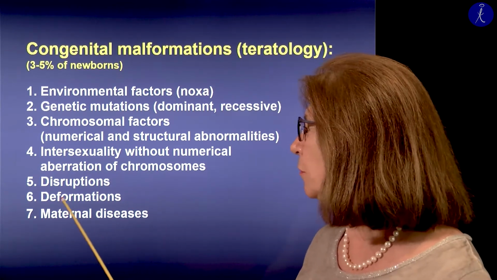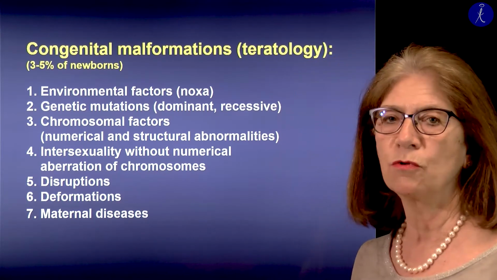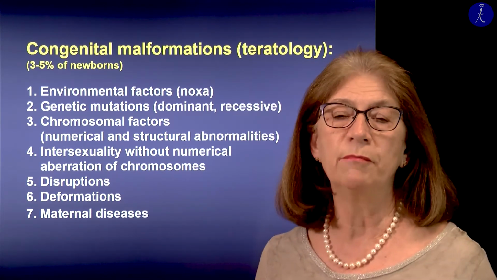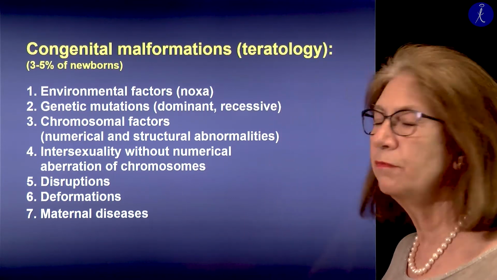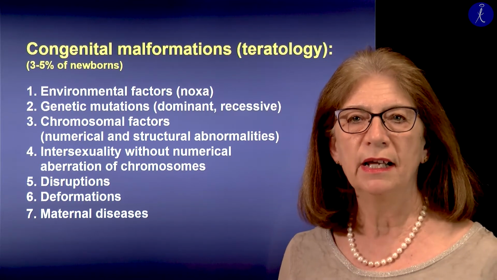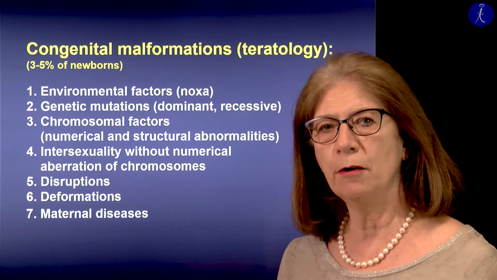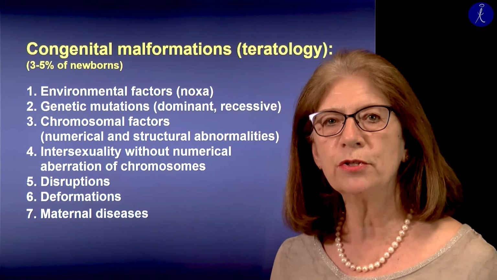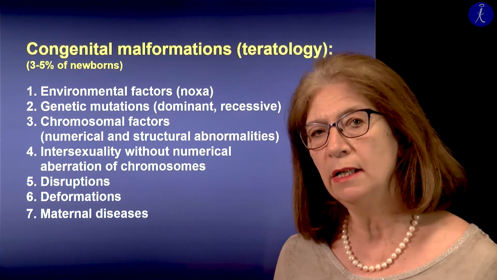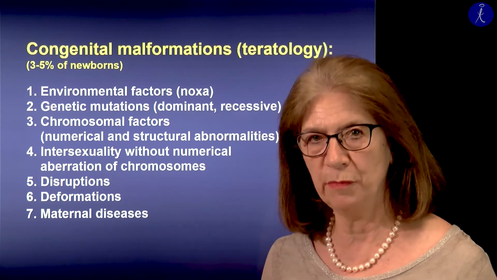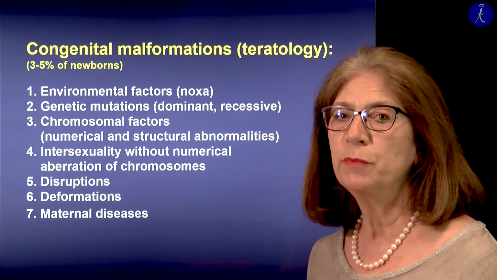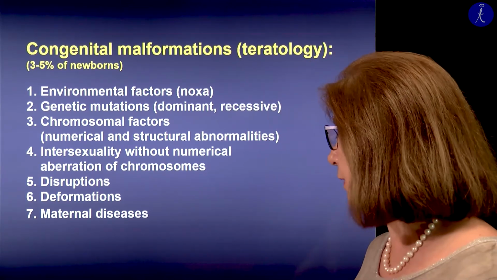And some maternal diseases may also influence the growth of the embryo and the fetus. Of course, in this 20-minute period, I cannot give you a full survey of the possible malformations, so we will give you just examples. And in the exam, you will have to know what the types of malformations are, and you have to be able to give examples for each of them.